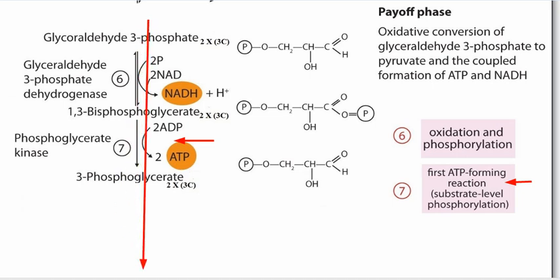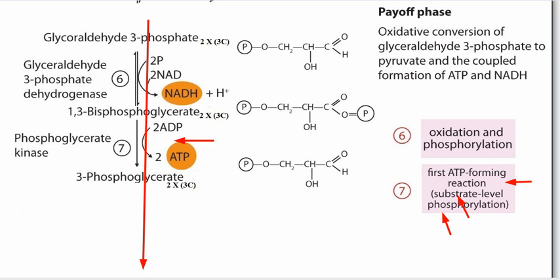This ATP formation is known as substrate level ATP formation, substrate level phosphorylation. Phosphorylation means what? As I told you earlier, ADP plus inorganic phosphate fused together to form ATP. That is the job of phosphorylation.